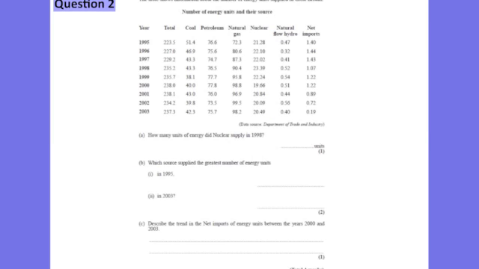Question number 2. The table shows information about the number of energy units supplied in Great Britain. Here we have the years, here we have the total, and then the different energy types, different number of energy units supplied, and then net imports here. We're asked first, part A, how many units of energy did nuclear supply in 1998?